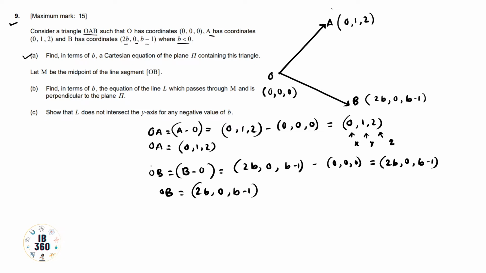Now what we need to do: the normal is parallel to the vector product. This is very important.